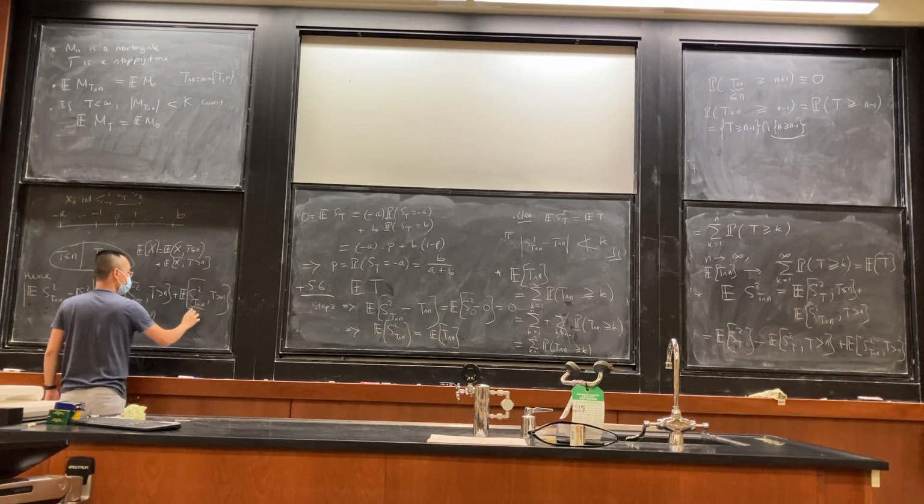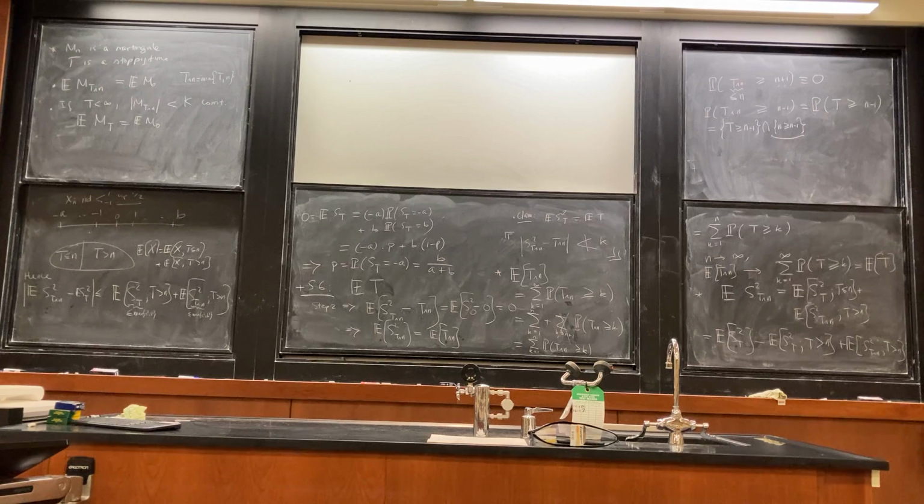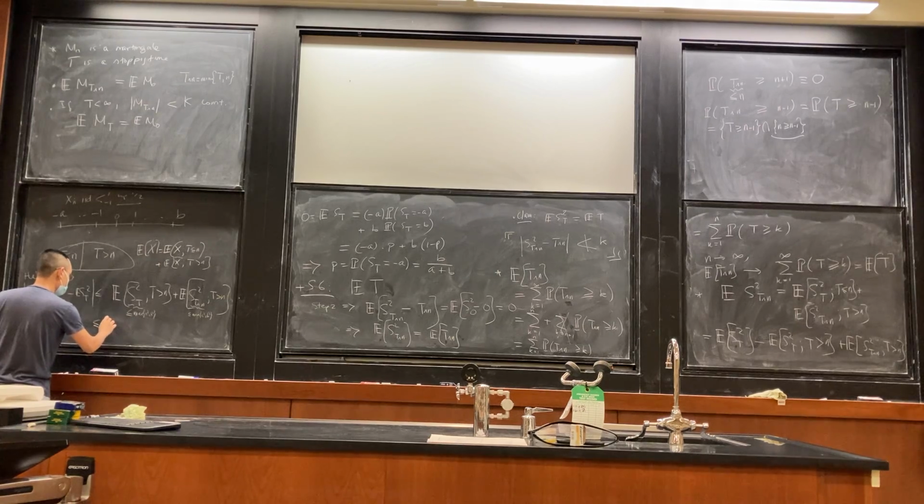And the same thing over here, A squared, B squared. Right? And so that's why the right hand side here is basically bounded by A squared, B squared.